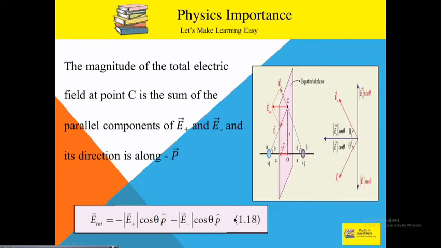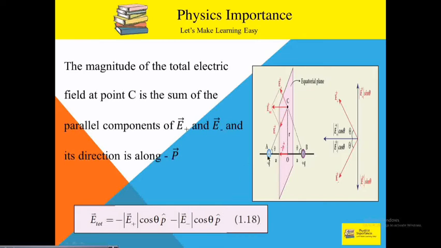But while we are writing the total, here we have to introduce one negative sign, because we know that P vector means always from minus to plus. But here it is in this particular direction, no? In this particular direction means what? Positive to negative. Positive to negative means opposite to that of P vector.